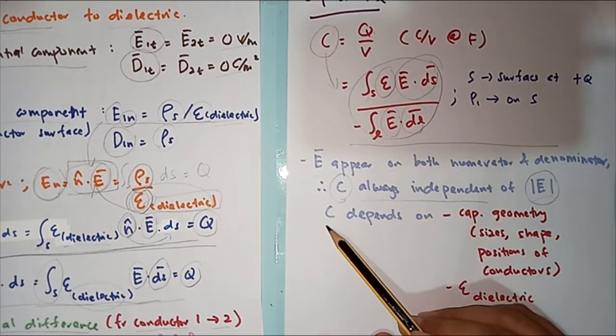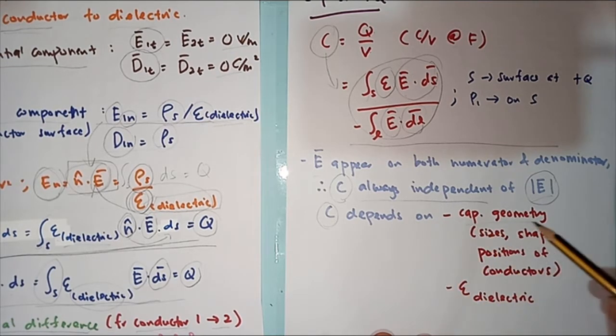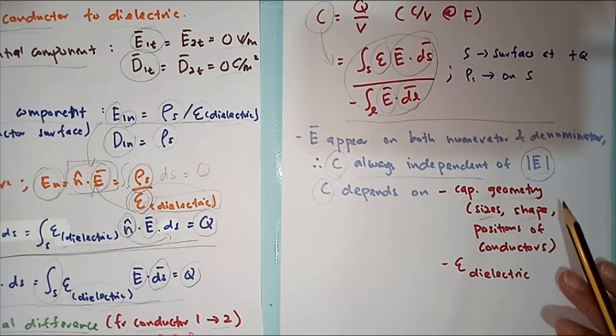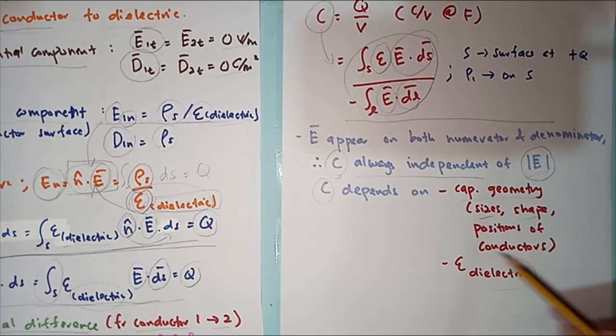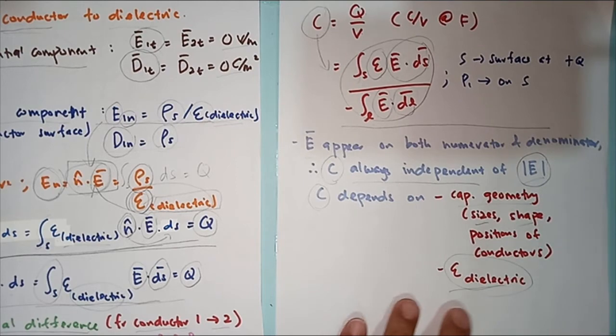Because of that, the capacitance value depends on the capacitor geometry, either size, shape, and position of the conductors, as well as the electric permittivity of the dielectric, or epsilon dielectric.